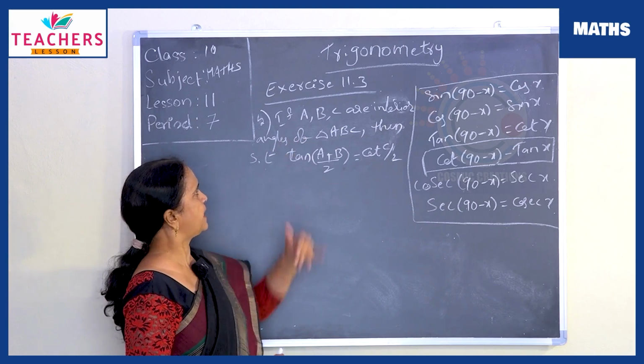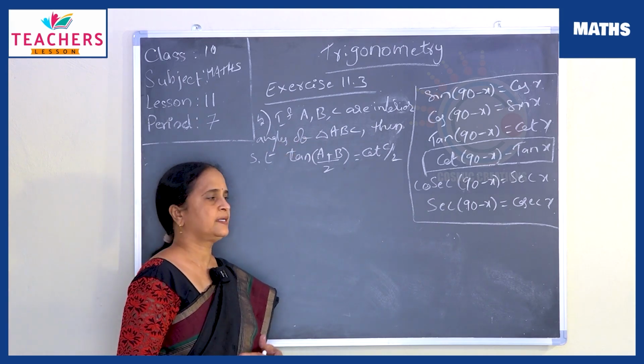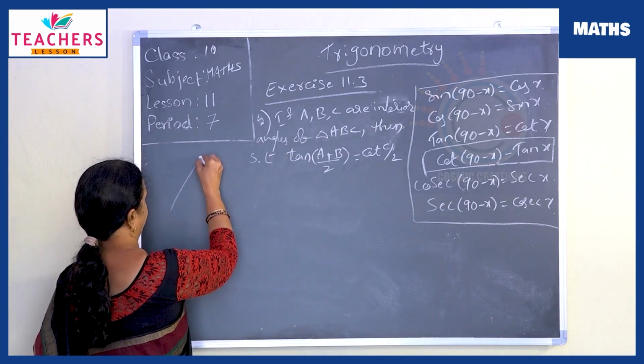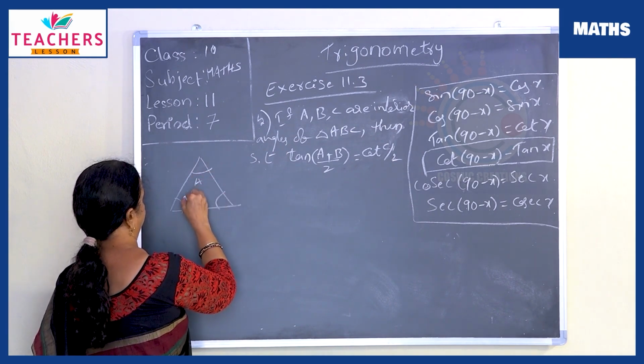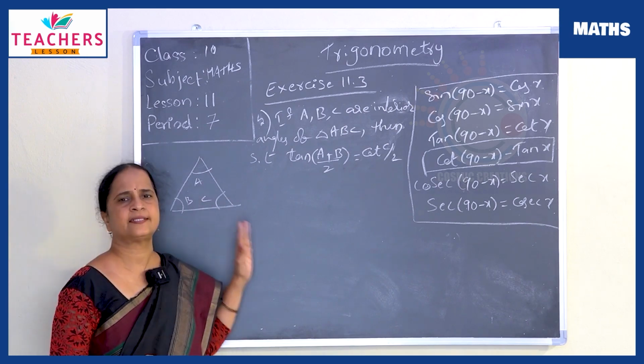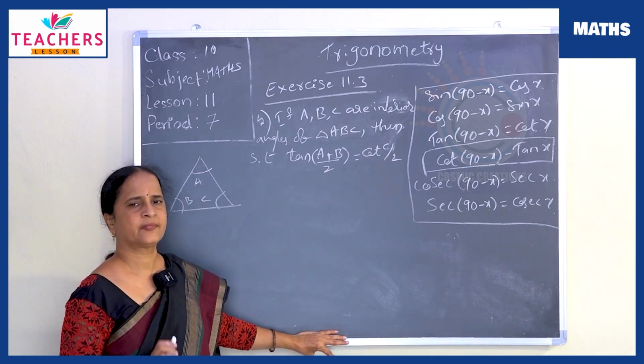Interior angles of the triangle means what? You know. A, B, C are interior angles of the triangle.